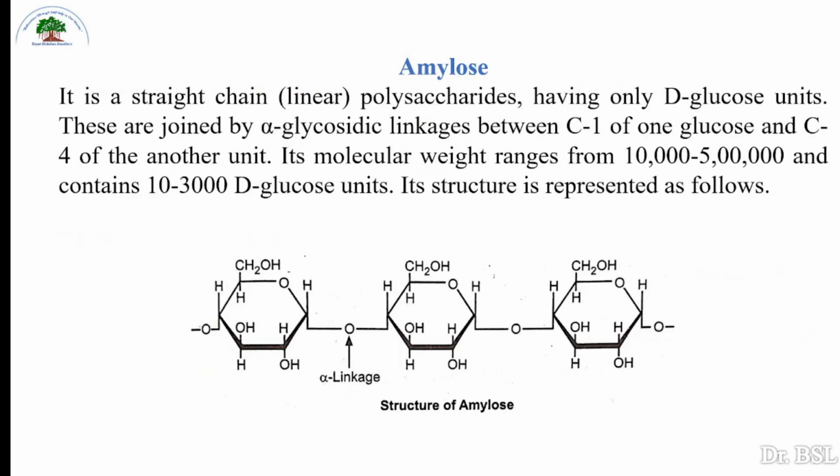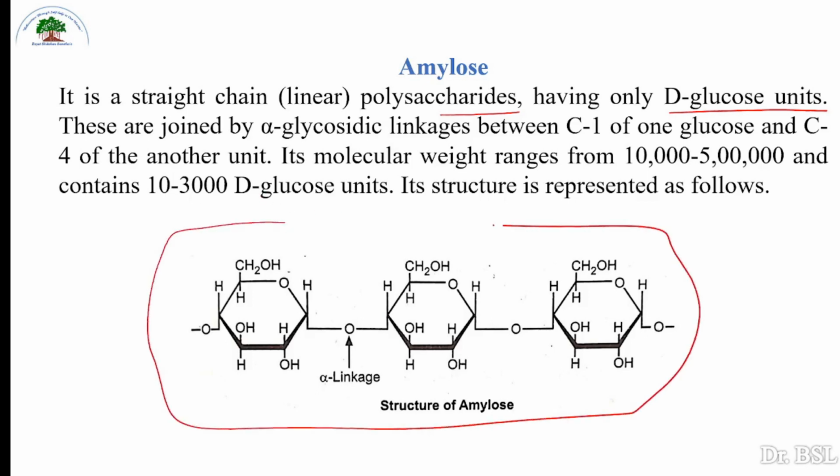So amylose, it is a straight chain linear polysaccharide having only D-glucose units. So this is the structure of amylose. Here only glucose units are there. That means it is homopolysaccharide. These are joined by alpha glycosidic linkage between C1 and C4.